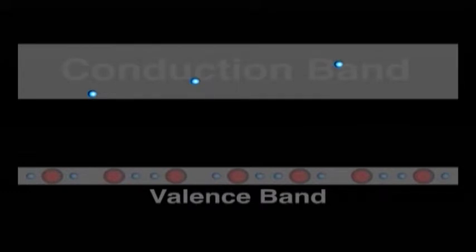Now, because the region the electron left behind was originally electrically neutral, the loss of the negative electron leaves this region positive. The positive region is called a hole. We will color it red for its net positive charge.